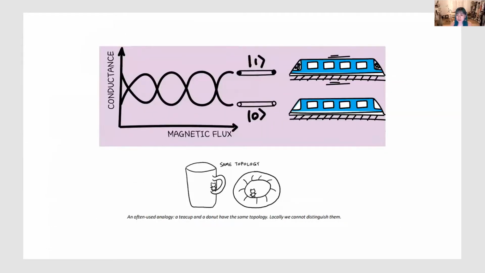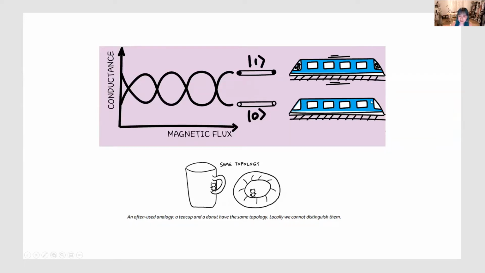And I like to make this metaphor: how do you measure a conductance to know what's going on? It's kind of like a train that needs a driver. But in this case, you actually need two drivers. You must have two drivers on both ends to have the train conduct.